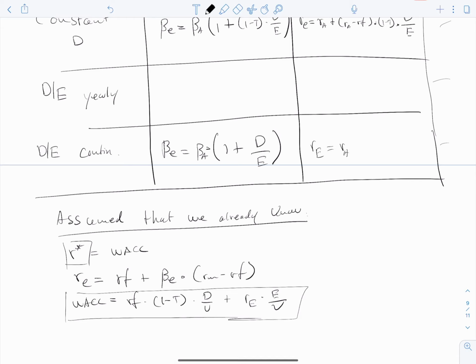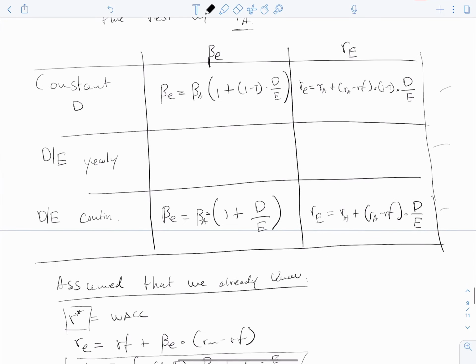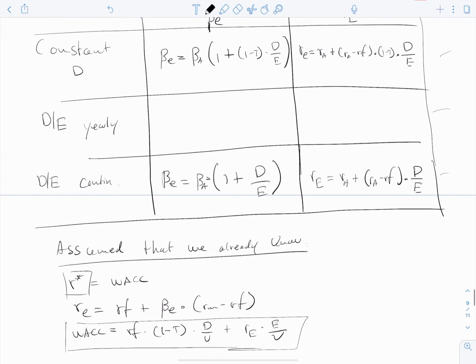So let me show you. Okay, it looks like this. The first thing I want to say is that in undergraduate level, and also when you read up on Modigliani and Miller, I'm quite sure that you've seen this formula before. It might be that you don't remember it by heart, but you've probably seen this before.